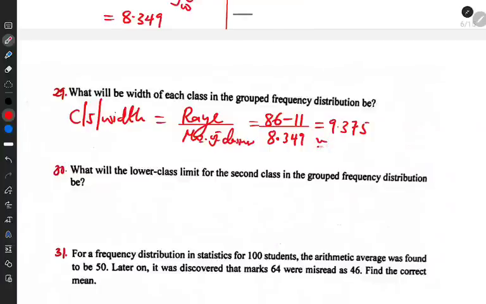But when it comes to Sturges' rule, or the class width issue, we always do what we call a rounding up approach. Rounding up means that once you have a decimal value after the whole number, that whole number will move to the next whole number. So here the class width, or the class size, is supposed to be 10. So let's take note of that. That should be the answer for the class width.